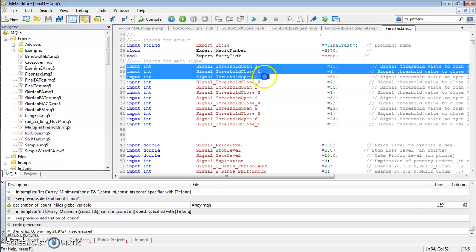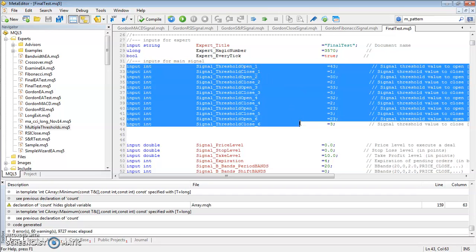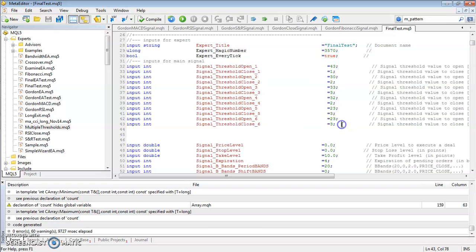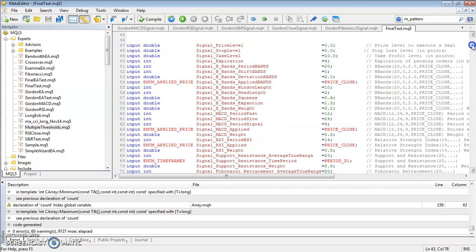So overall we have 6 different signal thresholds for 6 different combinations, and everything else stays the same.